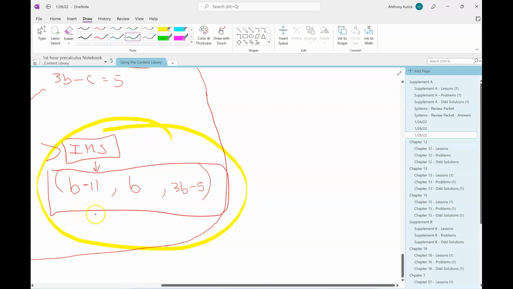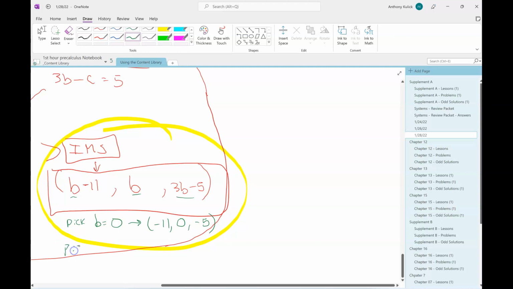For example, if I pick a value for b, say b is 0, that would mean that a would have to be negative 11, b has to be 0, and c has to be negative 5, just by plugging in above, right?